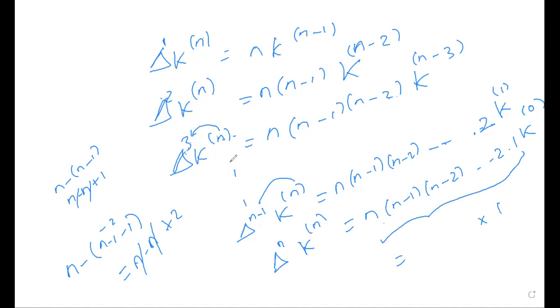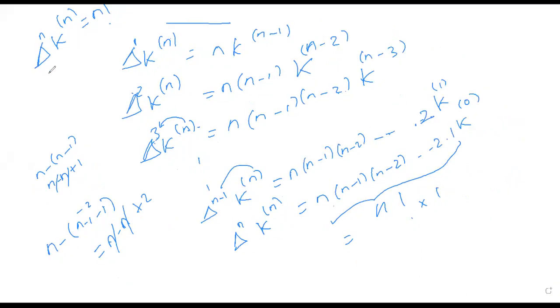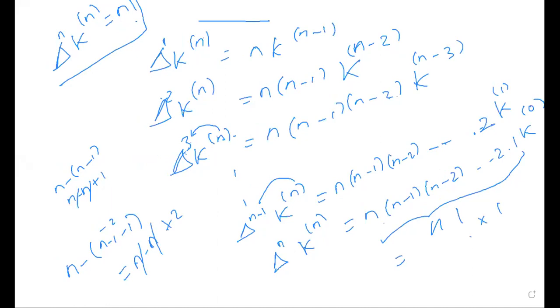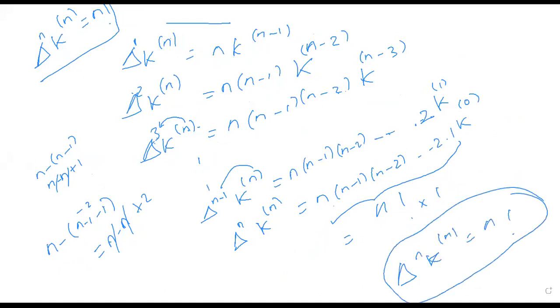Okay, so this is our n factorial. So what you are getting is delta to the power of n of k^n will give you the final answer n factorial. Okay, so this is our final conclusion. So it means delta n k^n will give you the answer n factorial. Okay, this is our final answer. So we can use it wherever we need.